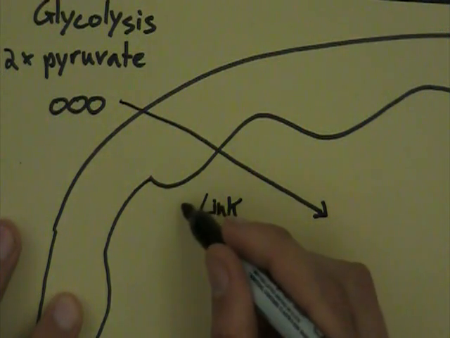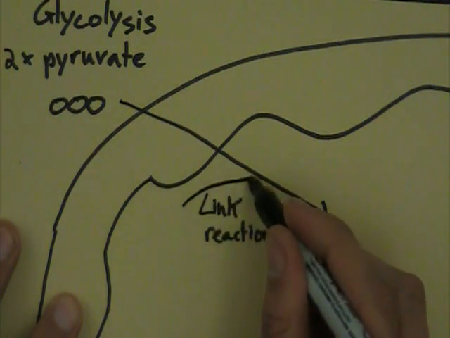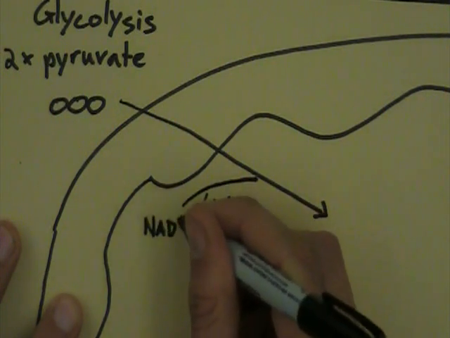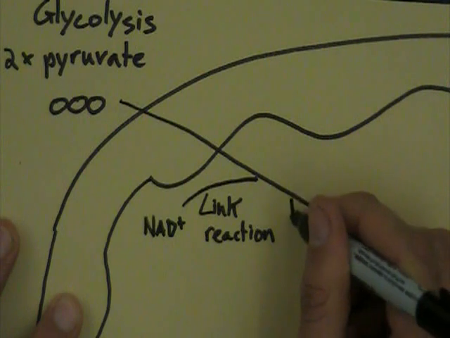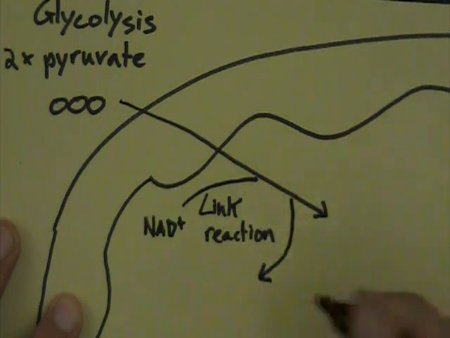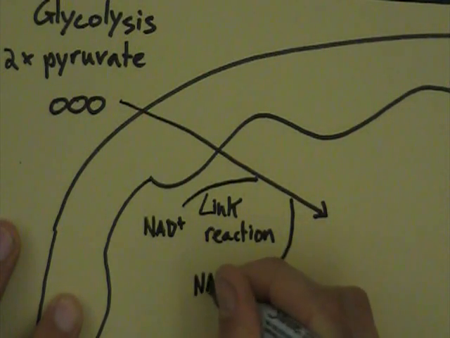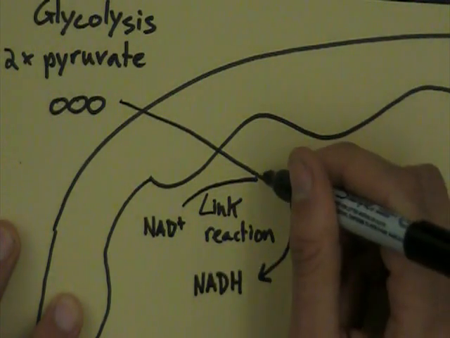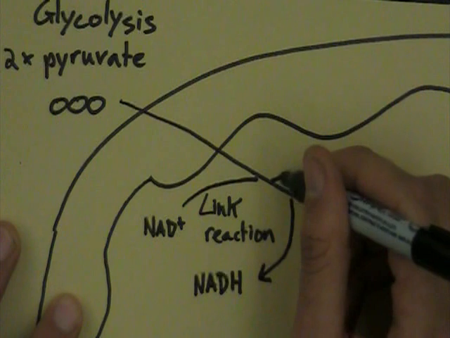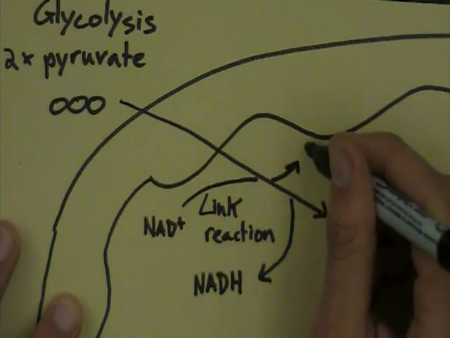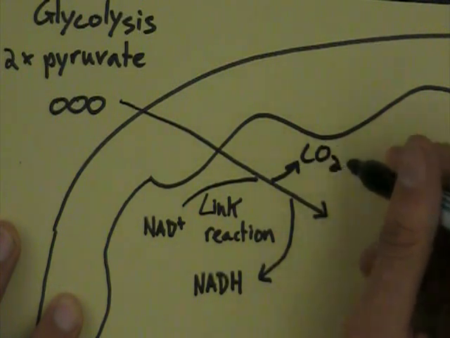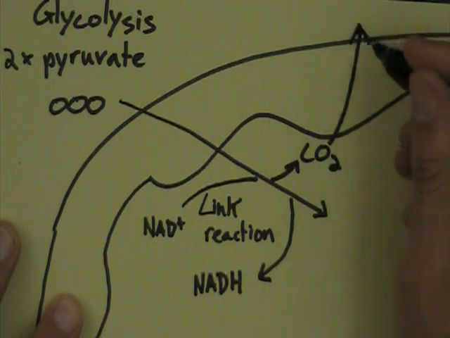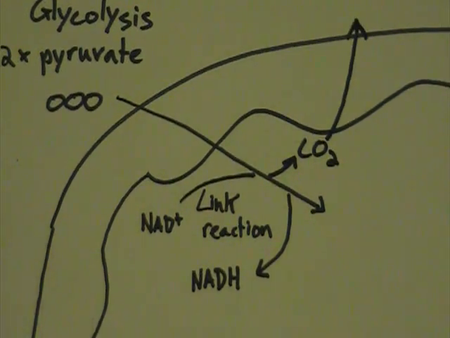In the link reaction, NAD plus is converted into NADH. 1 molecule of carbon dioxide is released, and that leaves the cell. We breathe it out.